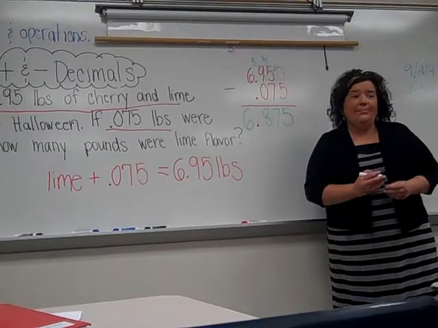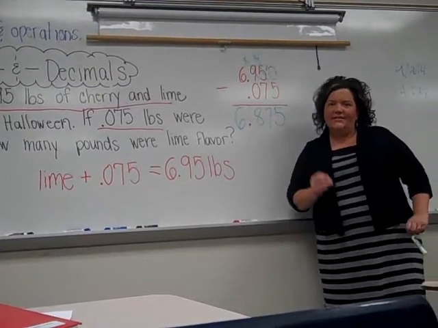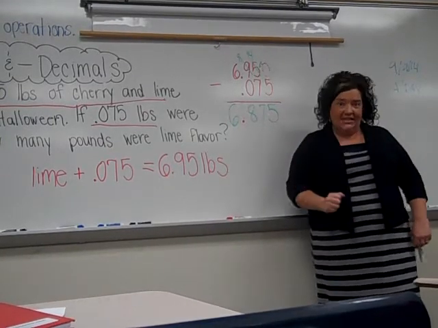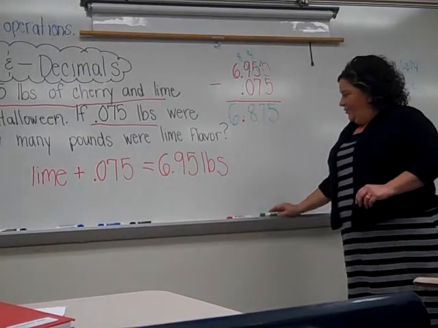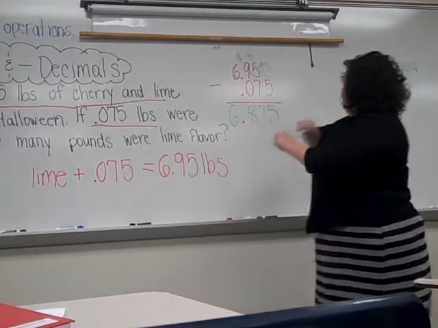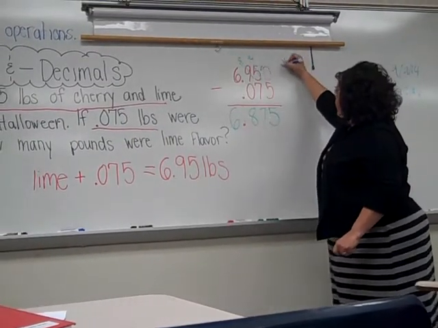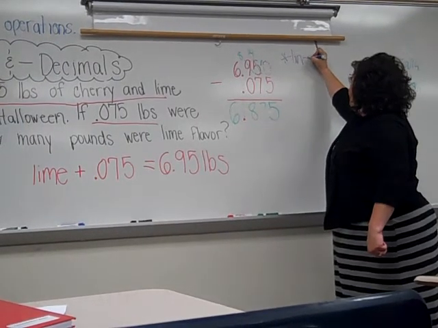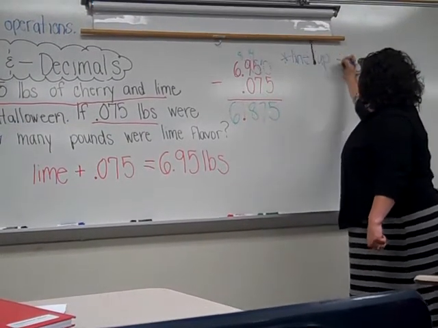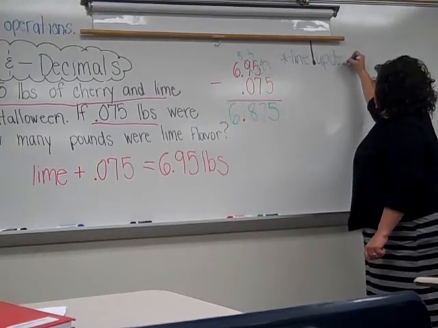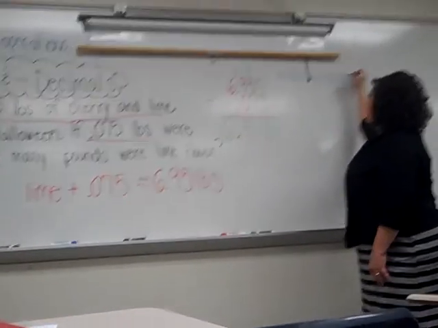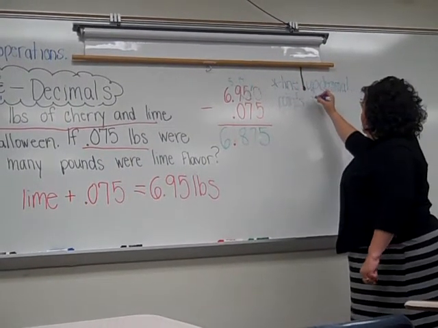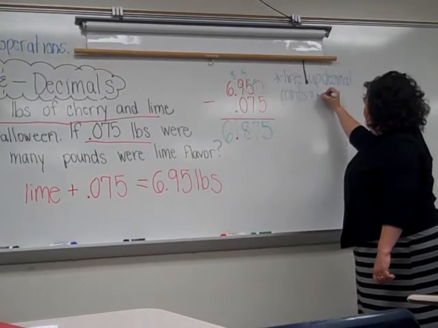The only step you have to remember with adding and subtracting decimals is to line up the decimal points. So, over here, please put a star and write line up decimal point and solve.